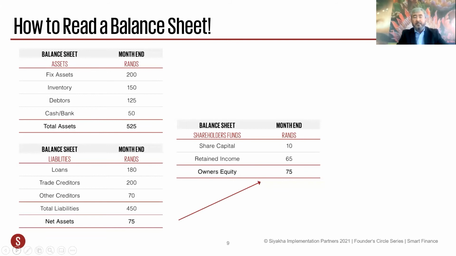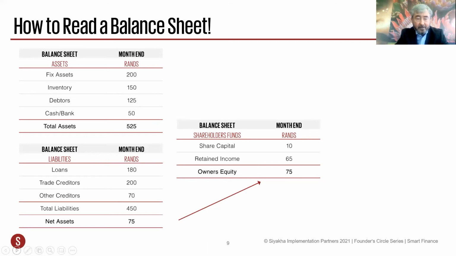So kind of just putting it together in a document, what does a balance sheet look like? This is just a simple example of a balance sheet. So again, you've got your assets where we go through the fixed assets, inventory, debtors, cash, could have had a shareholders loan in there.